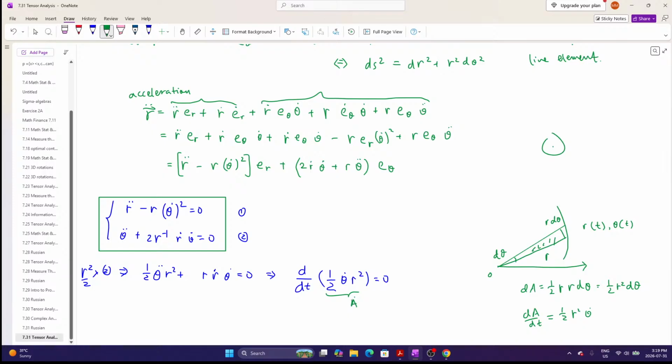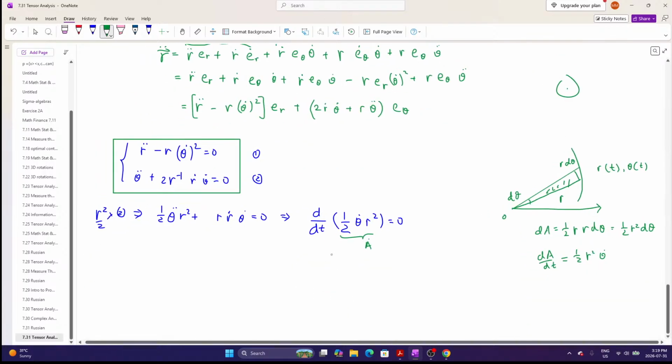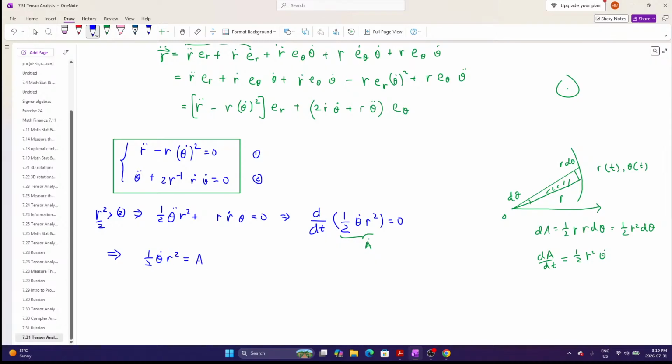So the area speed is constant, so we can use that as a first integral to solve this equation. So from 2, you get half theta dot r squared equals a. Let's just call that a constant.